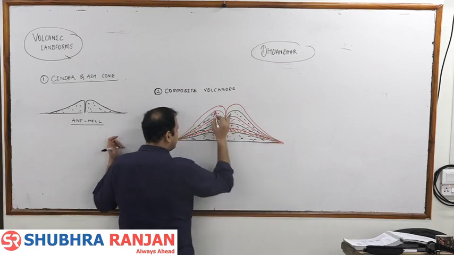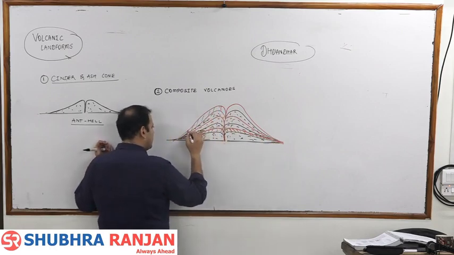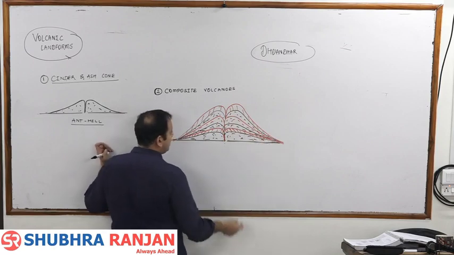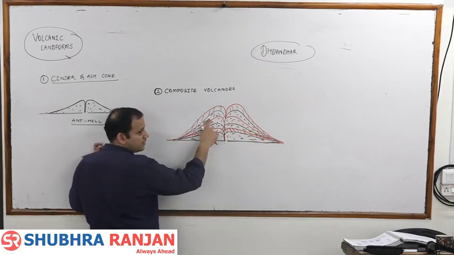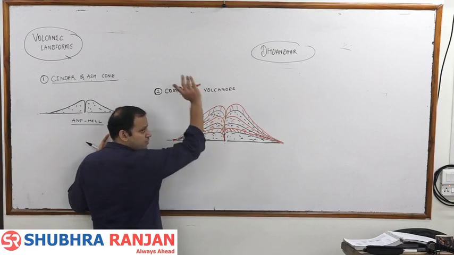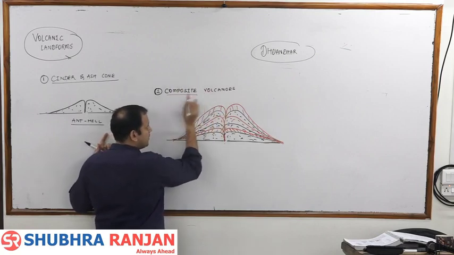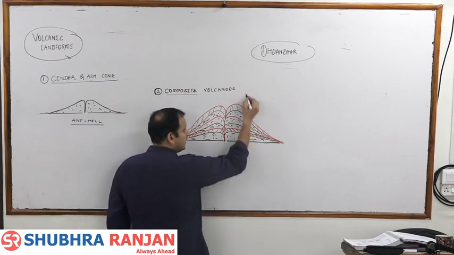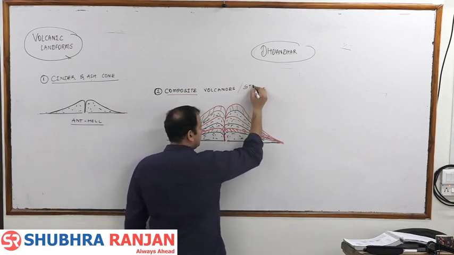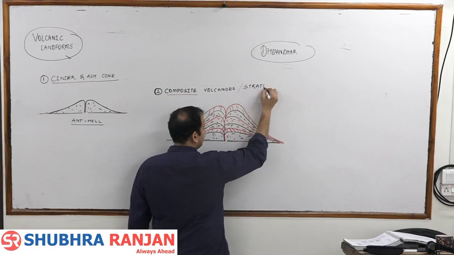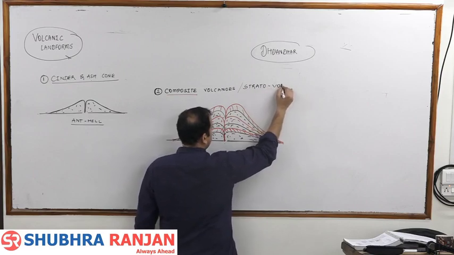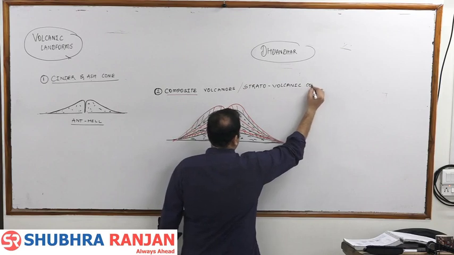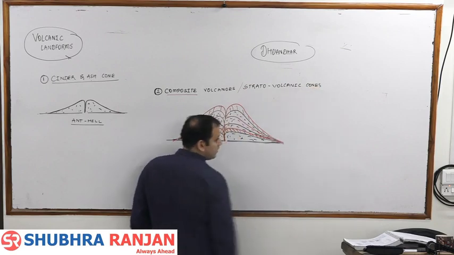Lava will again become solidified. So as a result of this, such volcanoes are complete volcanoes in which there is both stone as well as lava. The gas will escape, therefore it is known as composite or complete. And these are found in alternate layers and therefore they are known as composite or stratovolcano. Strata means layer.